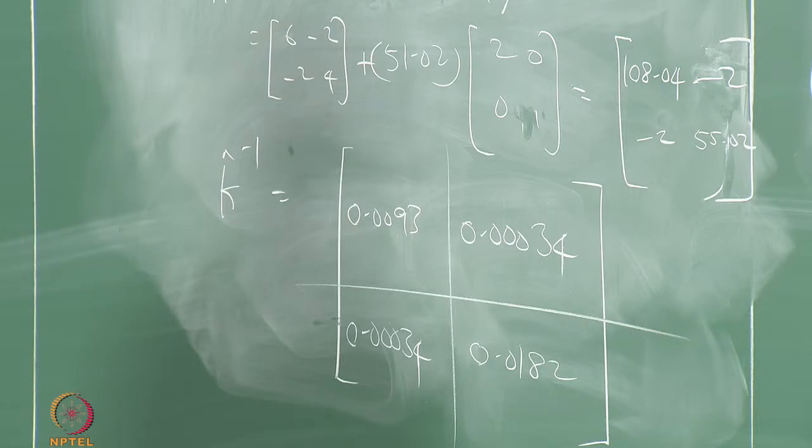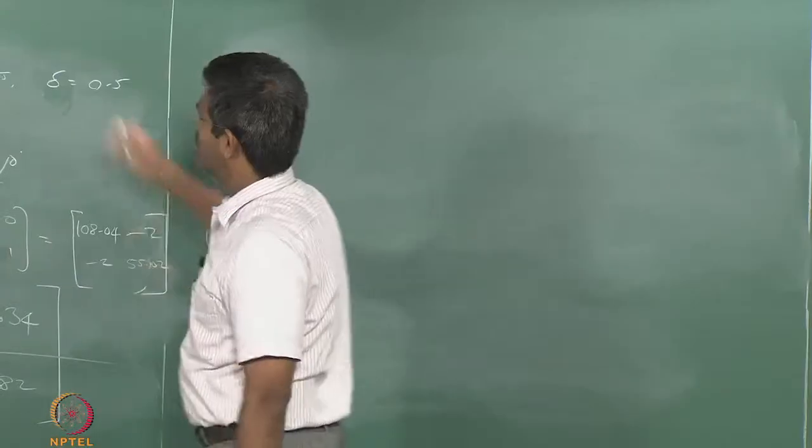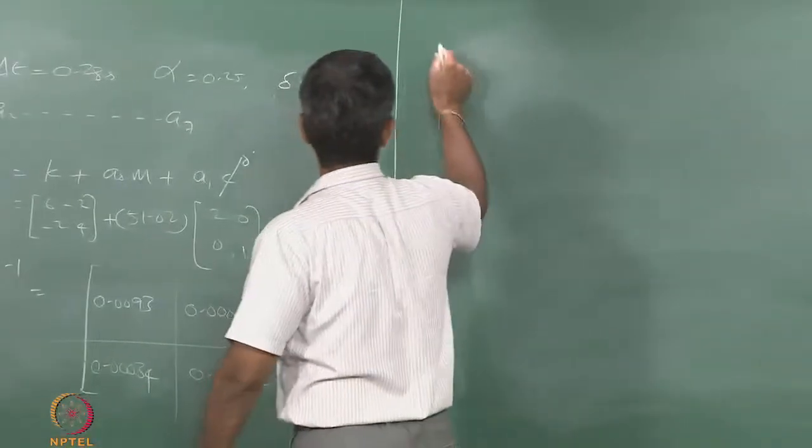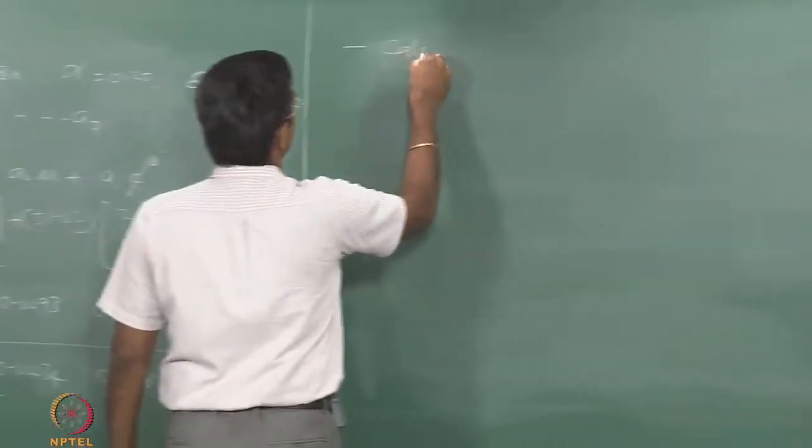Please check whether these answers are okay. Most of your calculators should have the capability of inverting a 2 by 2 matrix at least, so you should be able to do it. Now I have come to a part where all fixed answers are placed. Now I want to go for the calculation for each time step.